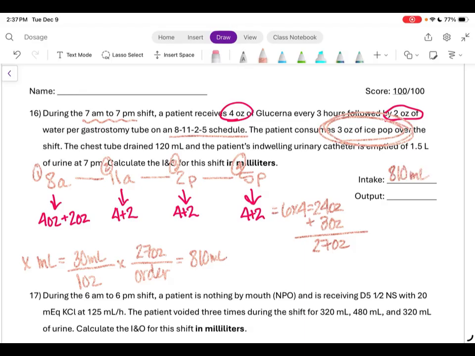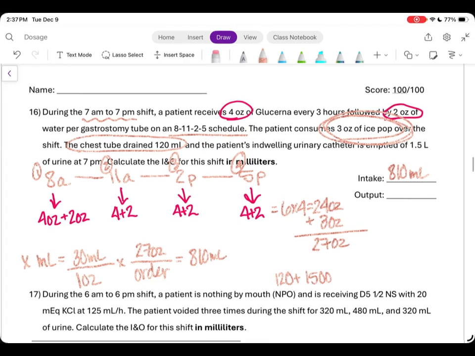Okay. My output. So chest tube counts as output, right? We have 120. And then we have 1.5 liters of urine, but this has to be in milliliters, right? So you can do a quick multiplication, 1.5 times 1,000, and you'll get 1,500.